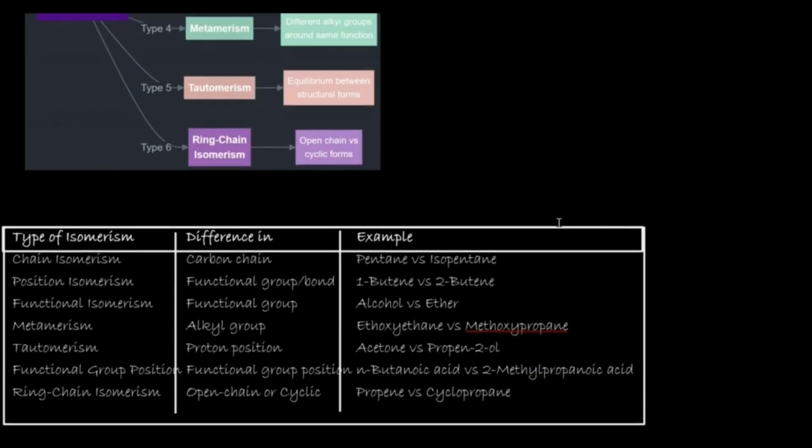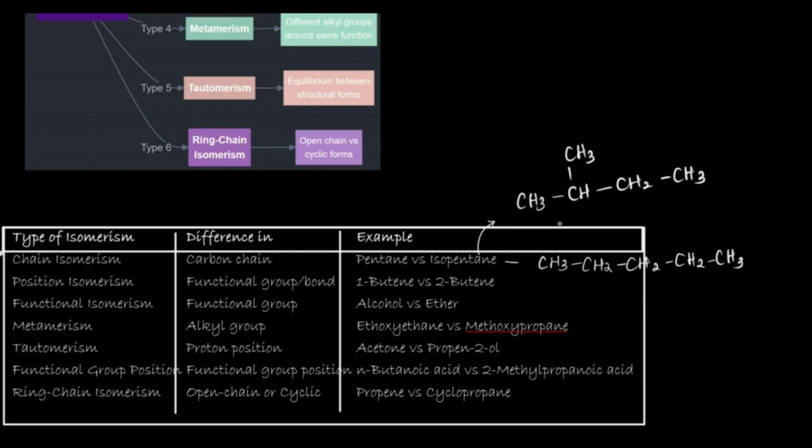Chain isomerism, you can see the examples over here, that is pentane and isopentane. Pentane, you can write how many carbons? 5 carbons, CH3, CH2, CH2, CH2 and CH3. Talking about isopentane, iso means 2 CH3 groups attached with 1 carbon, isn't it? So isopentane structure is CH3, CH, CH3, CH2, CH3.